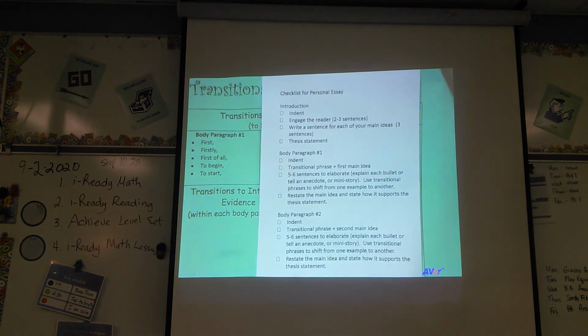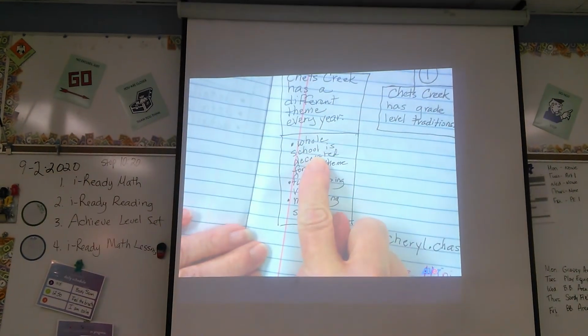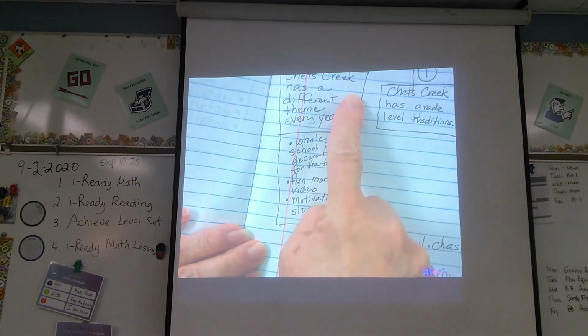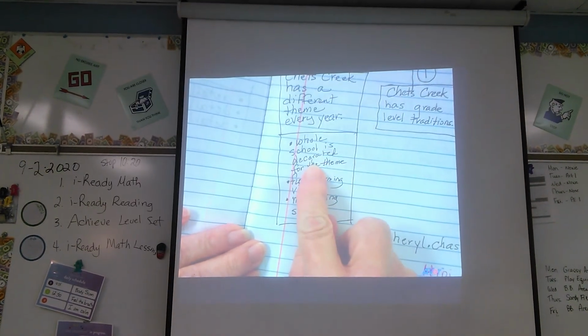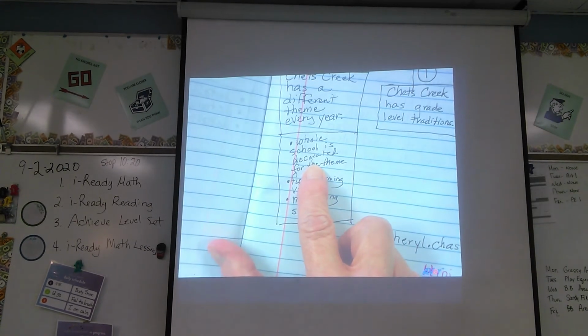So my suggestion for you would be that for each of the bullets that support your main idea, you're going to write at least 2 sentences for each of those bullets. That may change later on. As you become a stronger writer, that is going to change. All right? But for now, use that as a rule of thumb.